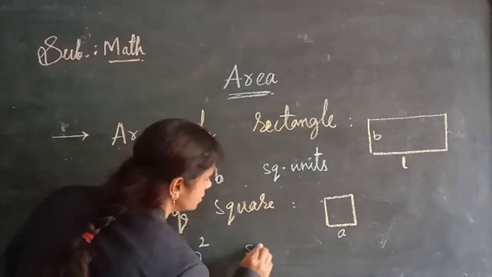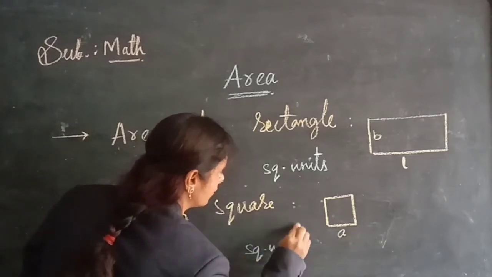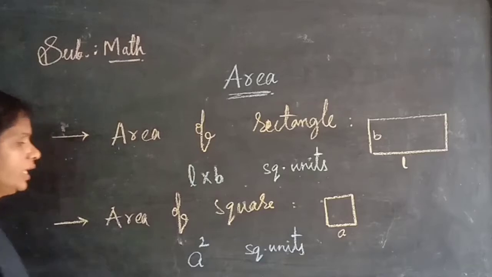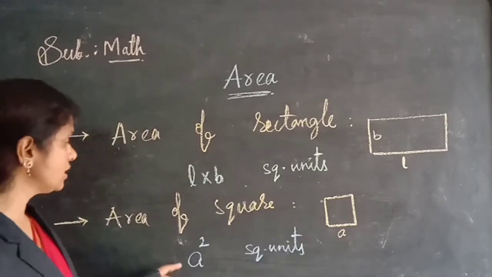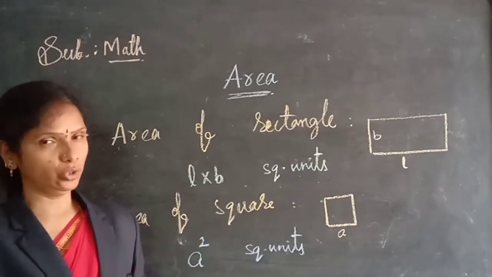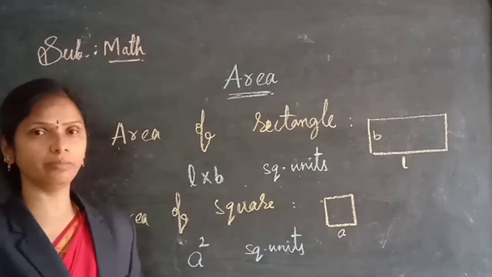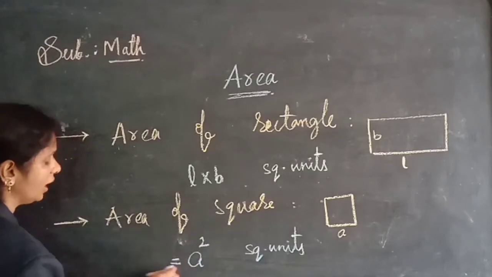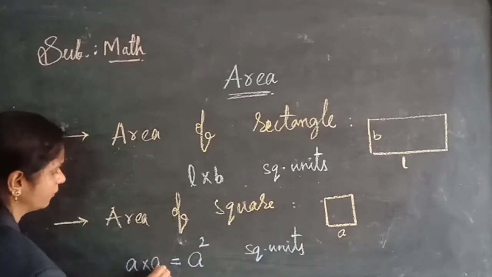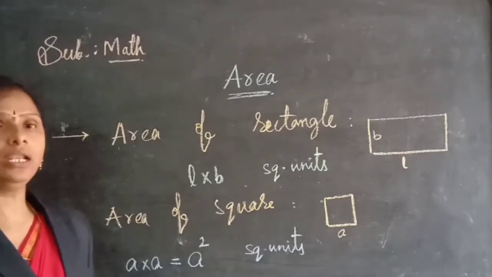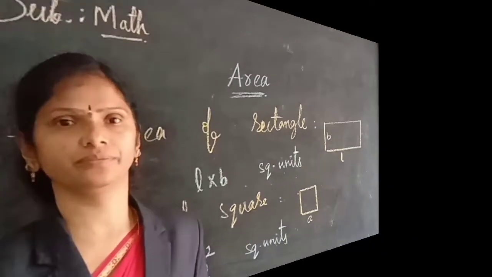A square units. A square units means we need to multiply A into A, 2 times. A square, nothing but we multiply A into A, that is A square units.